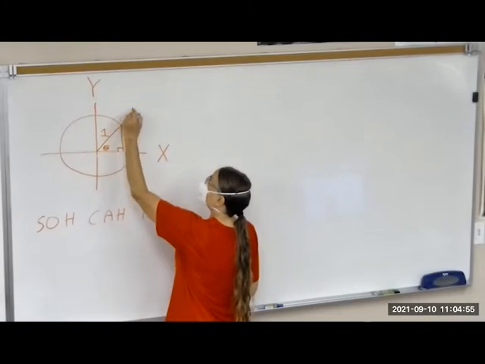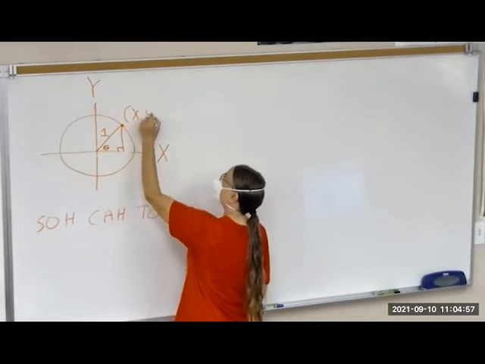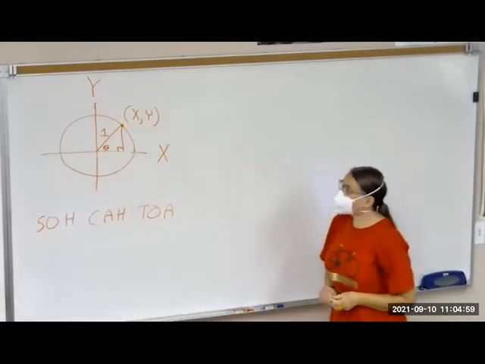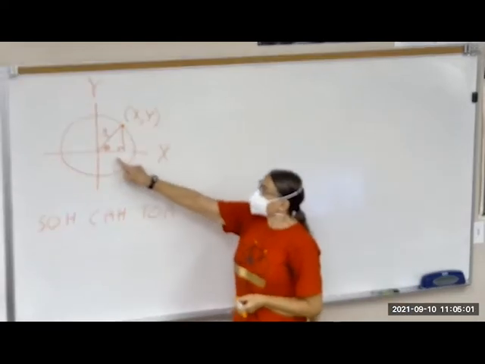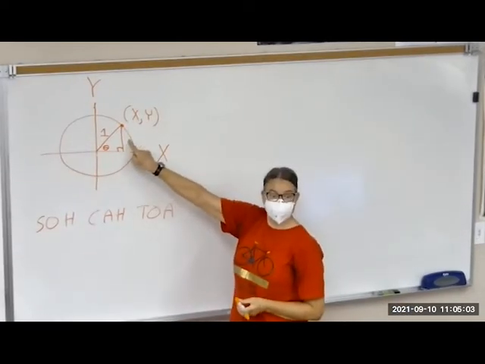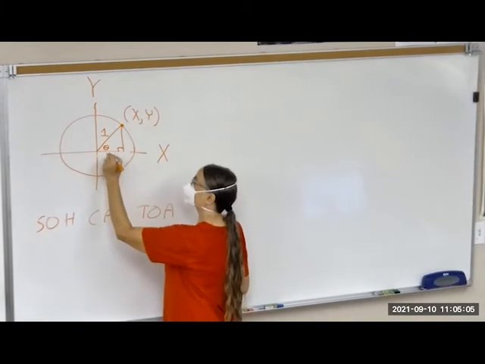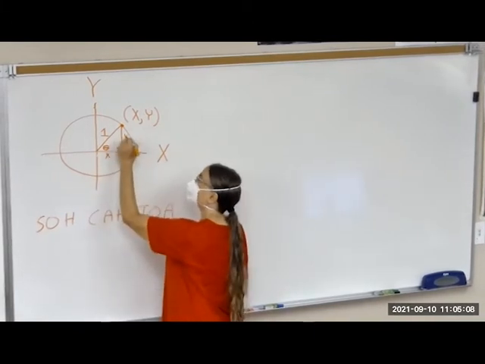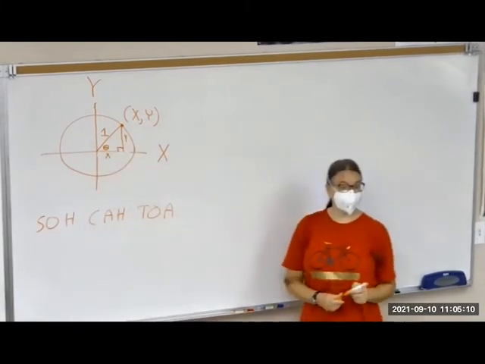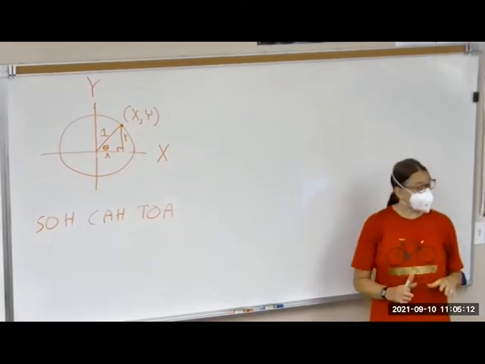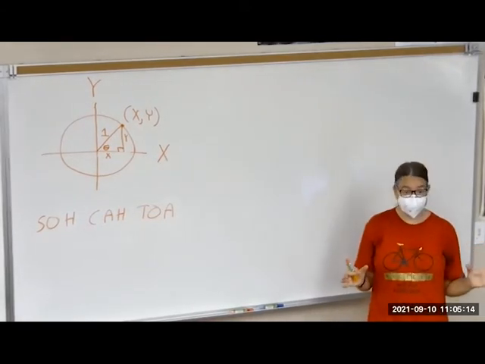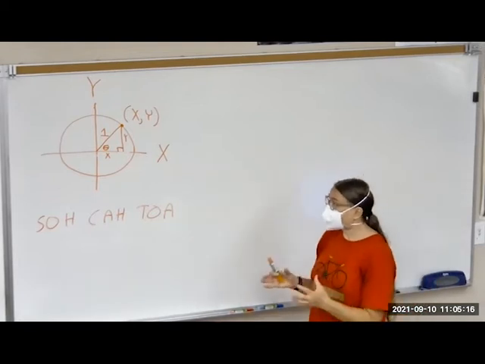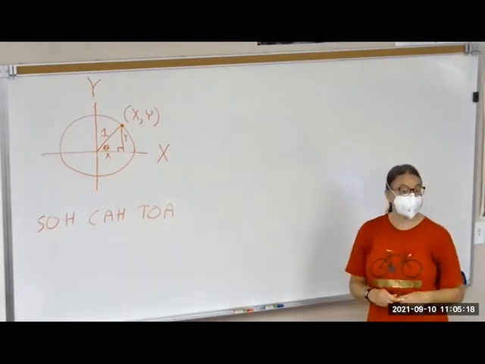This point right here, capital X, capital Y, actually tells me the side lengths of this triangle. Capital X is the horizontal side, and capital Y is the vertical side. Now, if I'm in a different quadrant, at least one of capital X or capital Y is going to be negative.